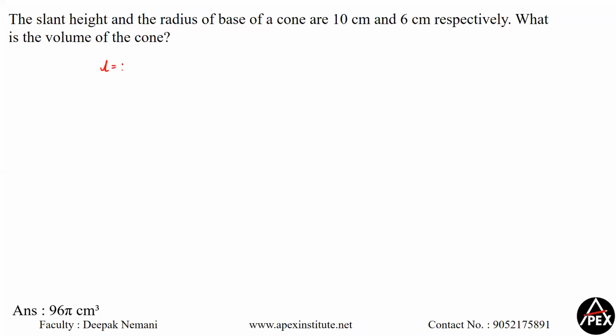So L is equal to 10, R is equal to 6. So L square is equal to R square plus H square. So 10 square, which is 100, is equal to R square 36 plus H square. And this implies H square is equal to 64, or H is equal to 8.